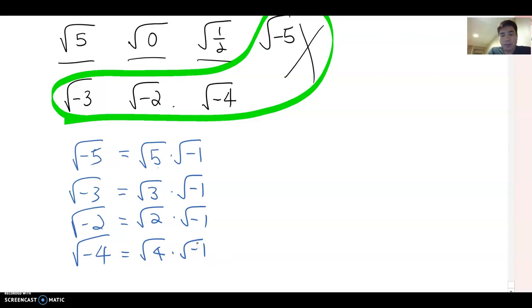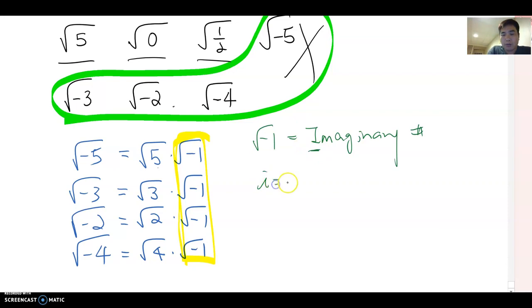So whenever we see any imaginary number, we see root negative 1. We clarify that this is the definition of an imaginary number. Root negative 1 is the basic definition of an imaginary number. And then we define that i equals root negative 1.